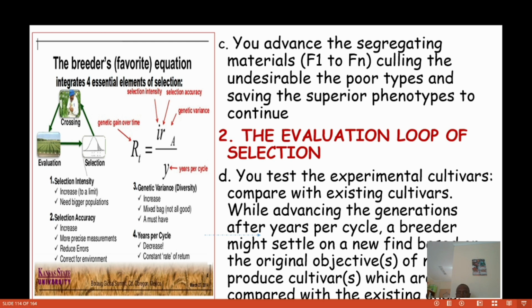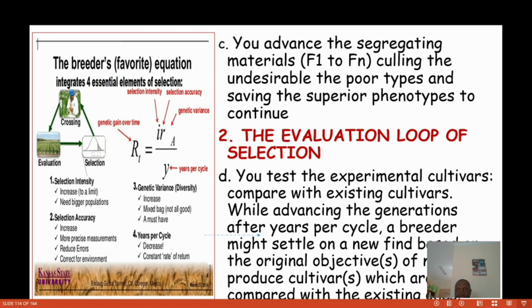So when you're doing this, the normal practice is to move the materials to F2. Most cases, this is done by selfing the F1 plants, having them mate in that generation by themselves.